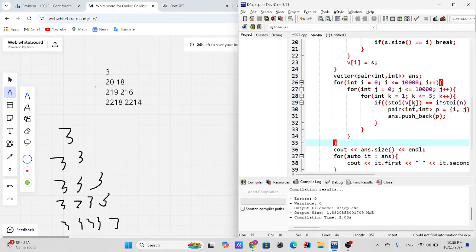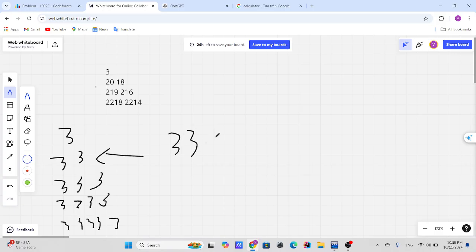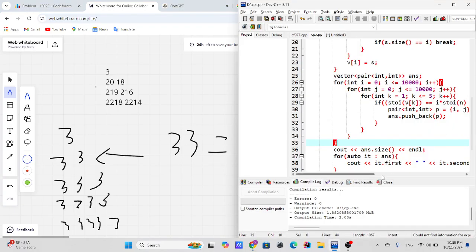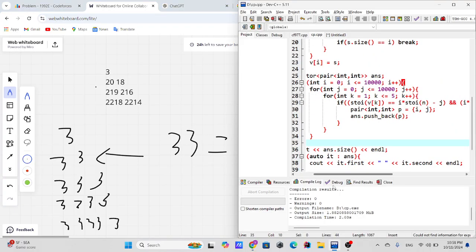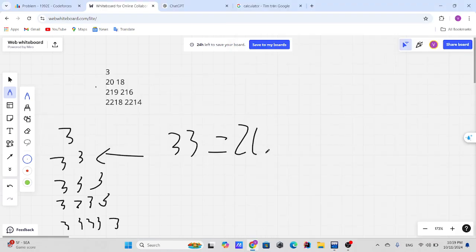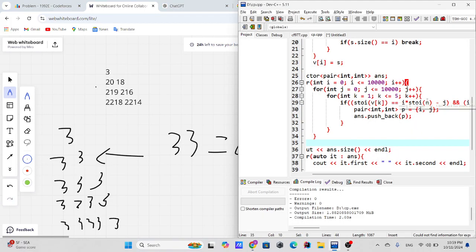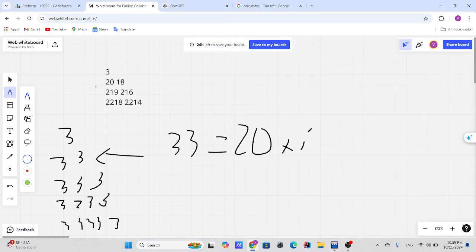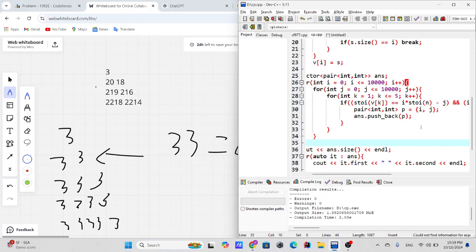VK with 33 will be equal to... what is E? 20 multiplied by 2. Oh no, it's 1 minus J. What is J? 18. That isn't true.